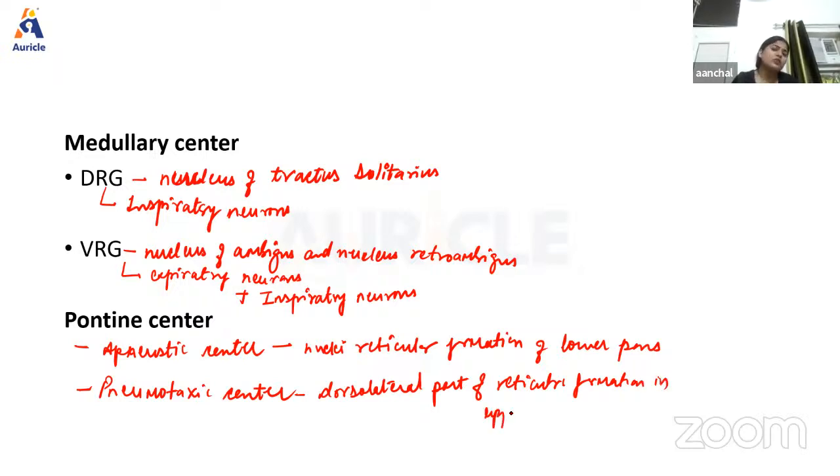Also students, please remember that usually the question from this neuroregulation always comes as a long question. It will come for 10 marks or 15.